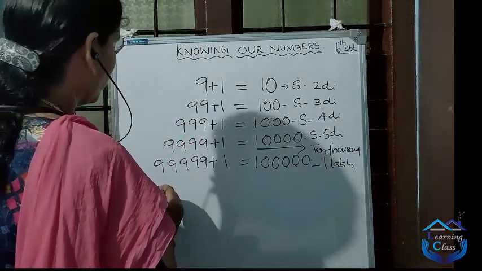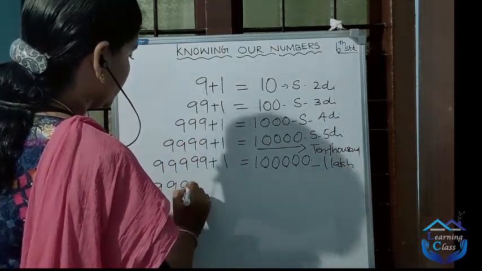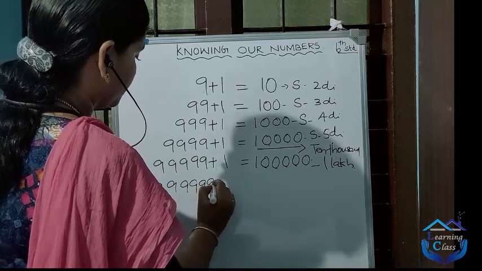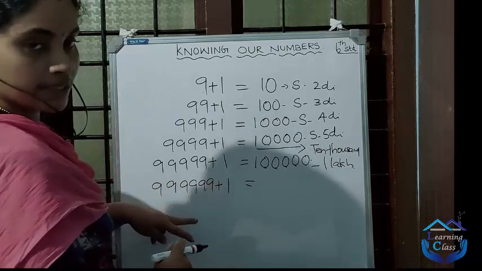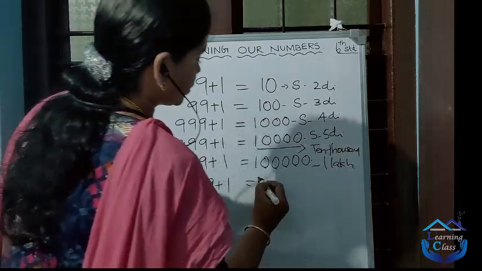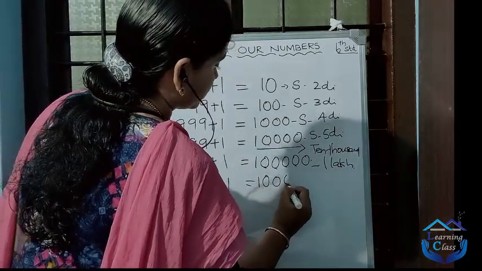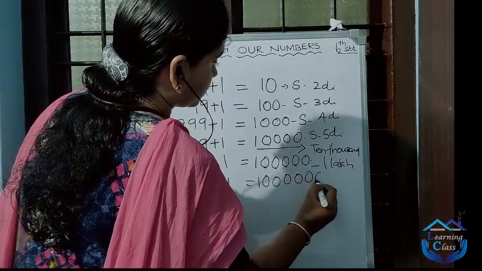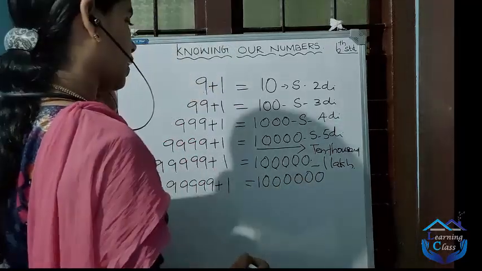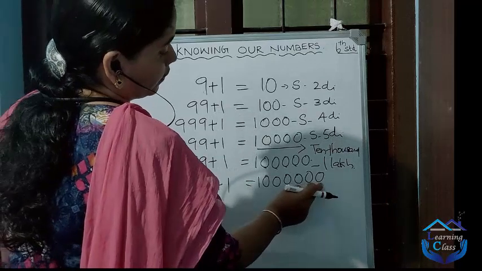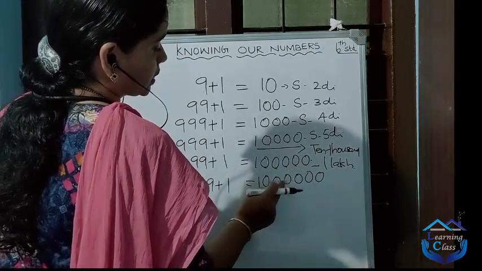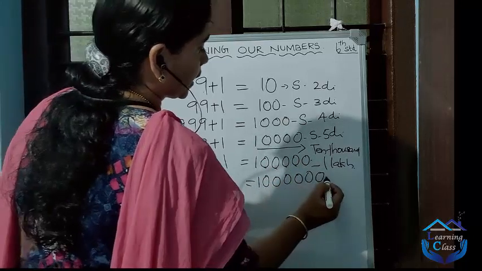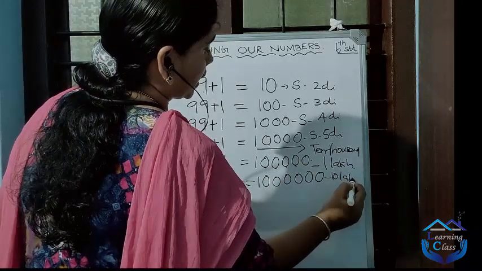Clear? If we add 1 with the greatest 6-digit number, what we will get? Ones, tens, 100, 1000, 10,000, lakh, 10 lakh. We get 10 lakh.